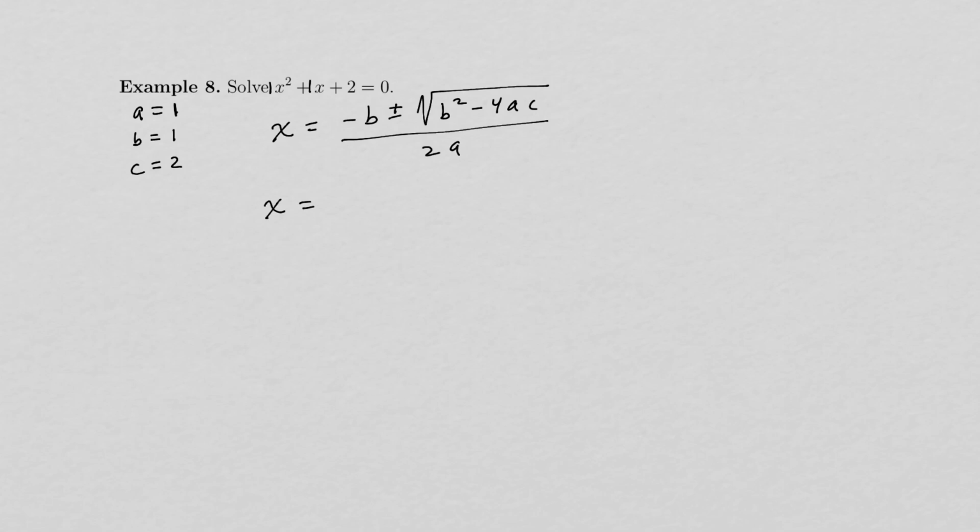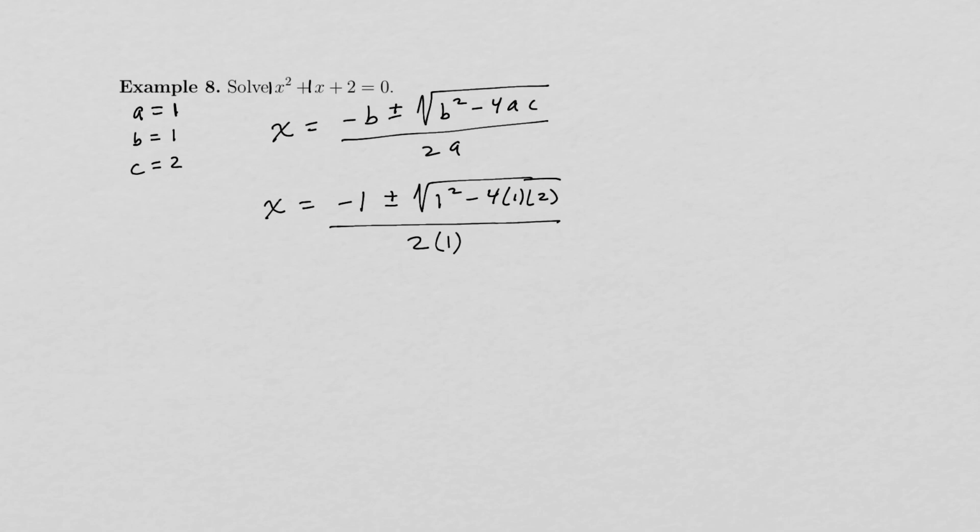So x equals minus 1, remember b is 1, plus or minus the square root of 1 squared minus 4 times 1 times 2, all over 2 times a, which is 1 again.